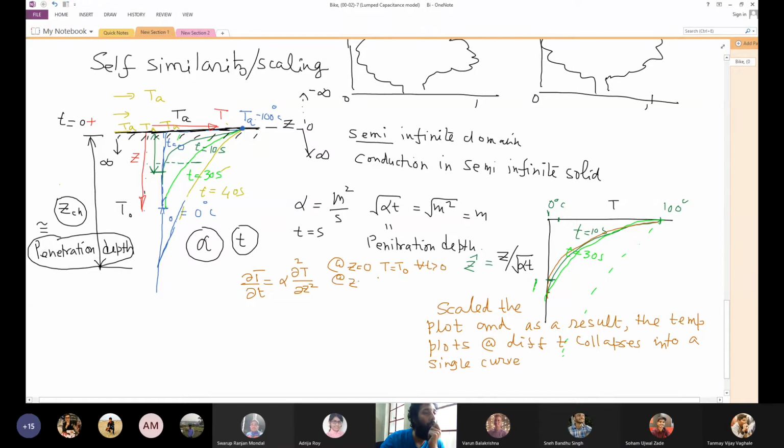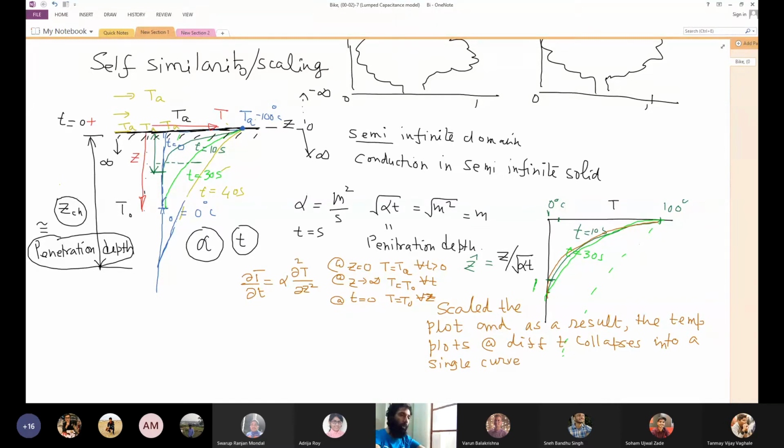At z equals to infinity, T equals to T0 for all t. At t equals to 0, T equals to T0 for all z. Okay, so this is the equation and boundary conditions.